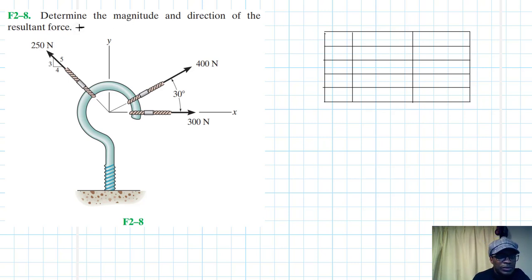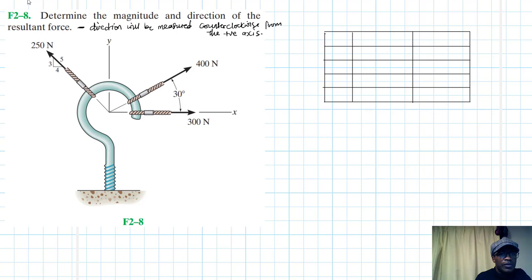So the direction will be measured counterclockwise from the positive x-axis.